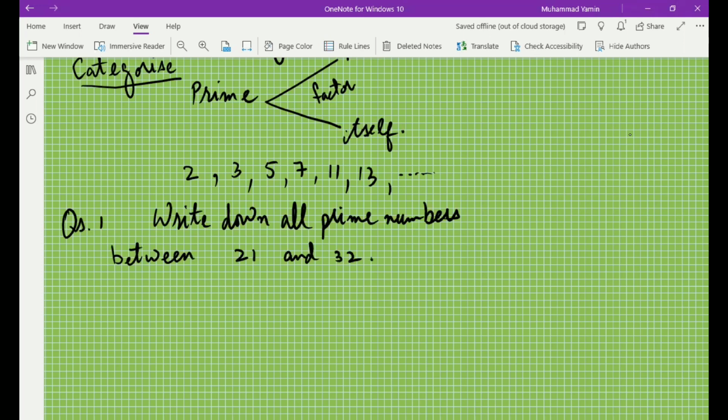Now, this is one question that you will find normally every year in paper one. Maybe it will be the third or the fourth question or somewhere in between, but it normally appears there.